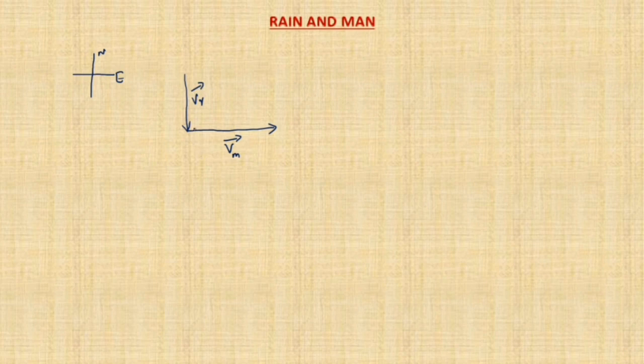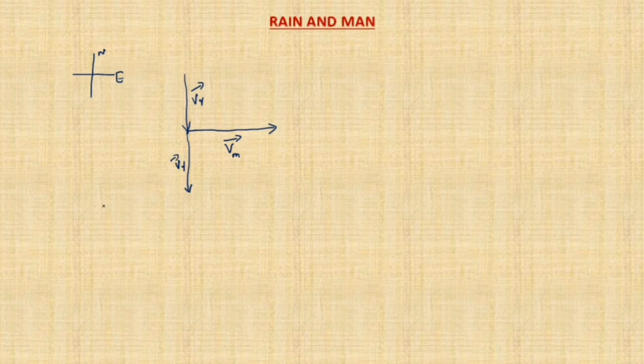In order to draw the vector notation, let's draw the tail to tail method. This is the Vr and this is the Vm. Clear? Now the person is walking due east and the rain is coming vertically down.